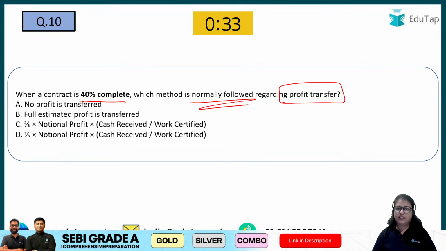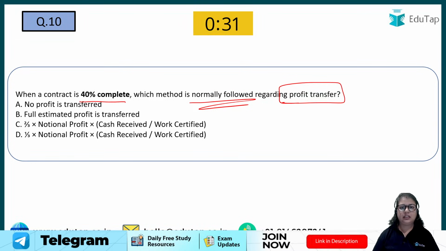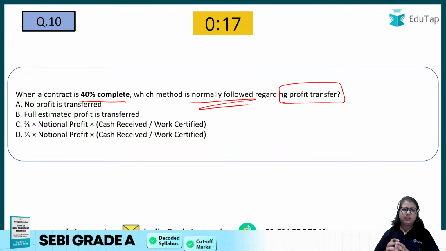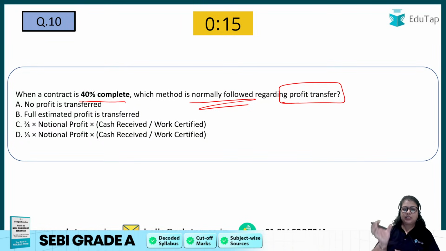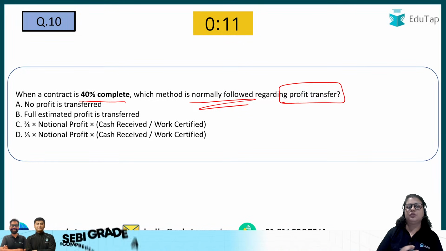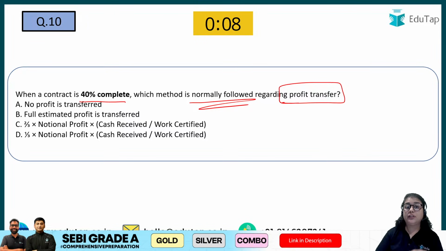Now at the end of the accounting period, sometimes there is still a part of the work which is incomplete, right? Because we know the contract is a very large contract, it is for a longer duration. So at the end of the accounting period, it is not mandatory that the work will be complete. So hence a part of the money or profit has to be transferred to the profit and loss account of the firm.